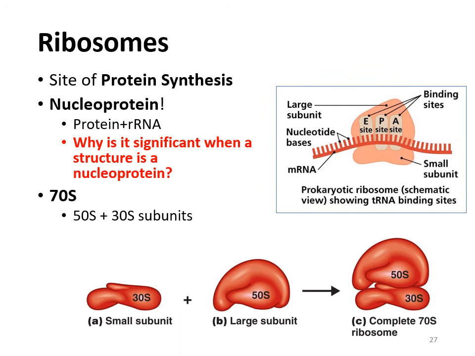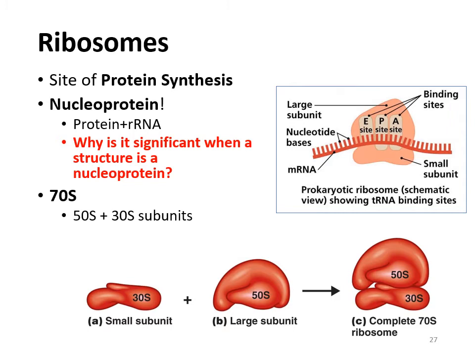The next structure to remember are ribosomes, and you're all experts at the ribosome. As you know, the ribosome is the structure for protein synthesis, and you also know that it's a nucleoprotein. And again, make sure you remember that term, nucleoprotein. So that means that the ribosome is made up of protein as well as a strand or some strands of RNA.